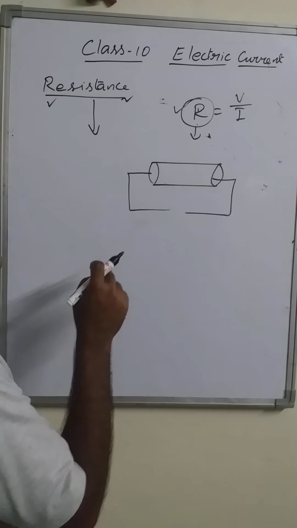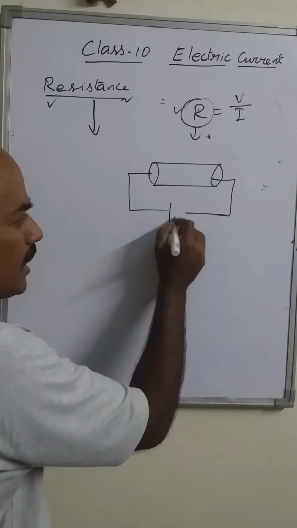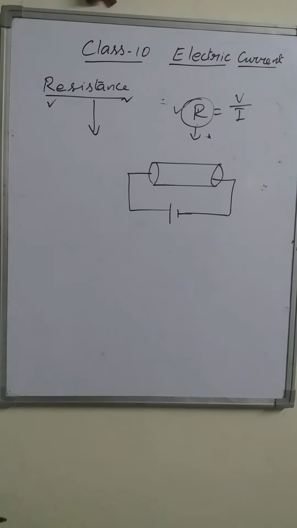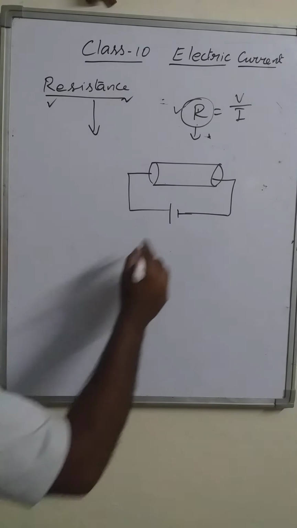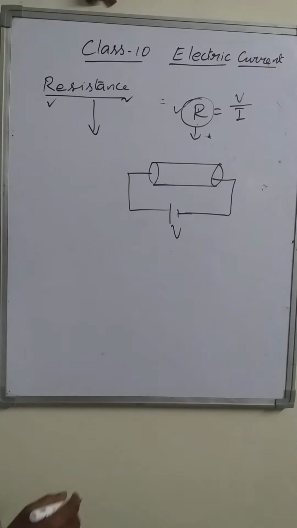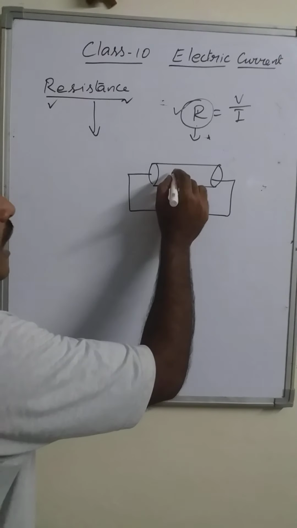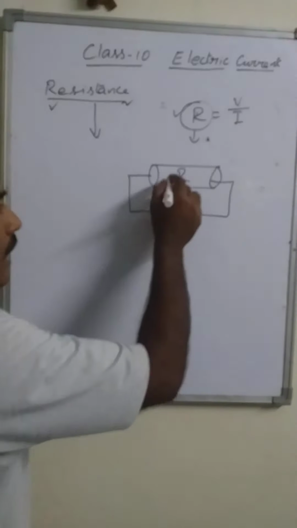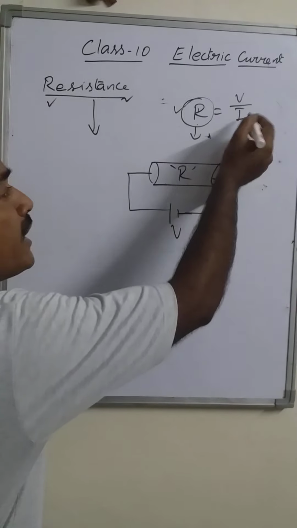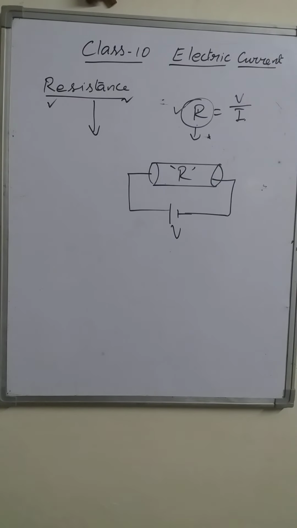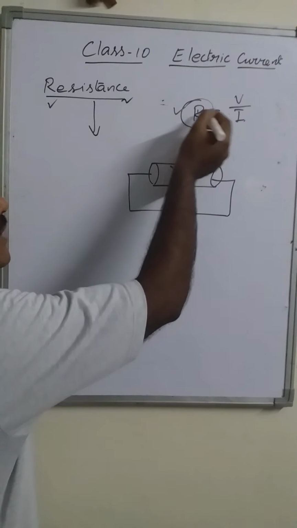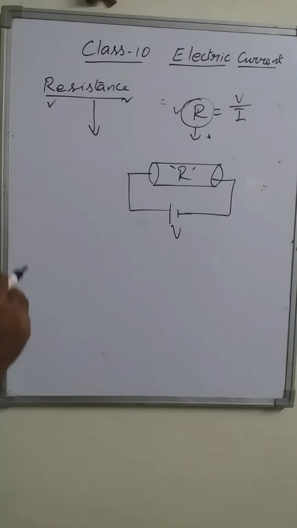Suppose a cell is connected across this conductor. For this potential difference, R remains the same. According to the value of R, the current may change. If R is greater, then the current will be lesser.